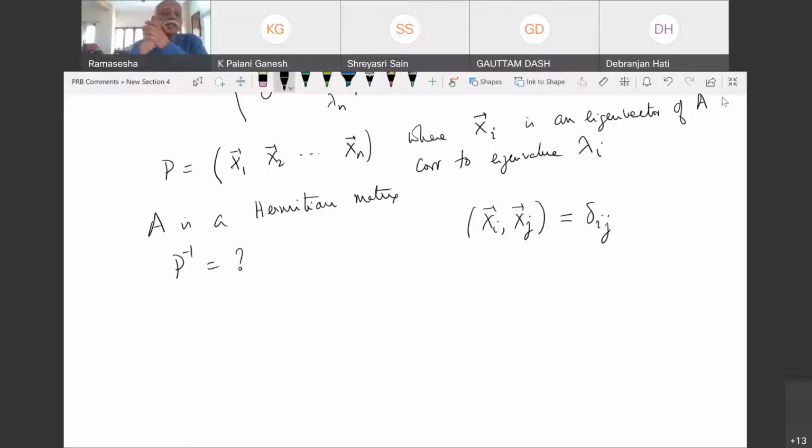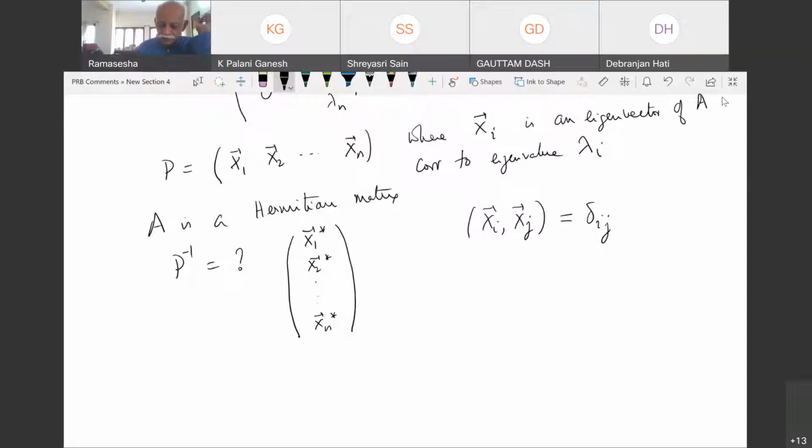How do you get the inverse of a unitary matrix? By taking its complex transpose. That's correct. So P inverse is given by x1 star, x2 star, up to xn star.